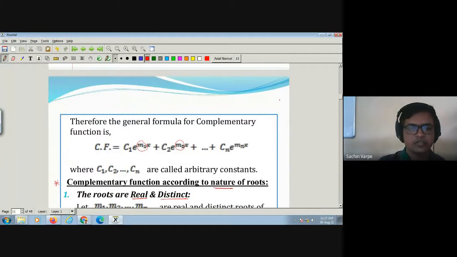If you know Euler's formula, what is e to the power I theta? E to the power I theta is cos theta plus I sin theta. Do you know this? This is Euler's formula.